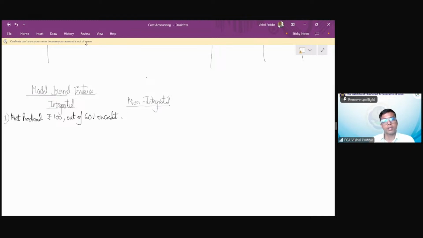Second, wages. So direct wages, rupees 200. Indirect wages, rupees 60. So rupees 200 and rupees 60 are the figures of direct and indirect wages.